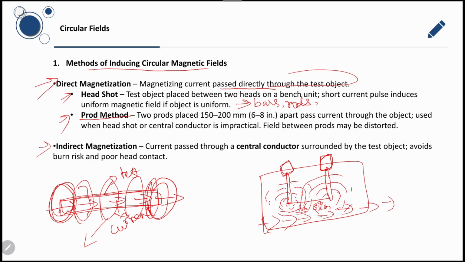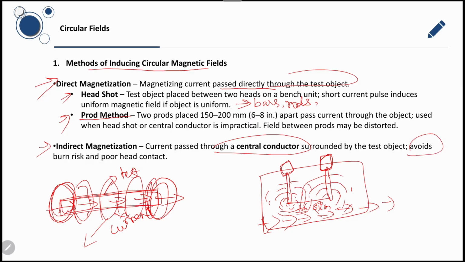The next one is indirect magnetization. In indirect magnetization, the current is not passed through the test object directly. Instead, it flows through a central conductor that the test object surrounds. This indirect method offers two big advantages.